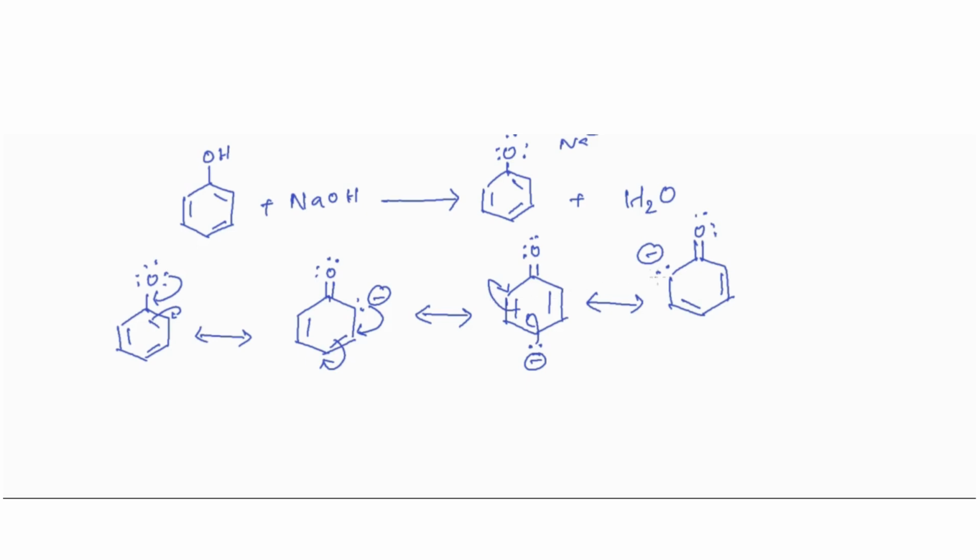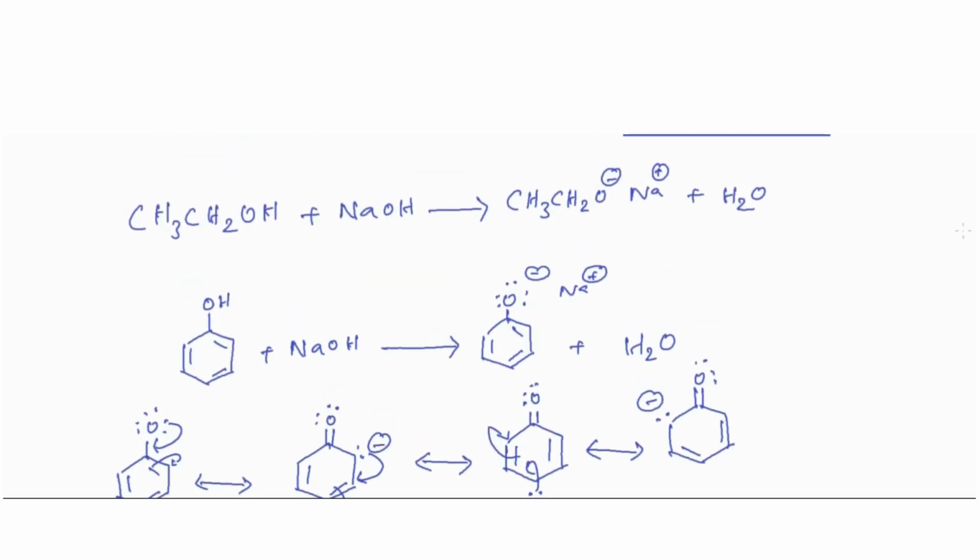That's why the phenoxide ion is more stable, and as a result it behaves as a weaker base. Here the phenoxide ion is a conjugate base, phenol is the acid, and sodium hydroxide is the base.